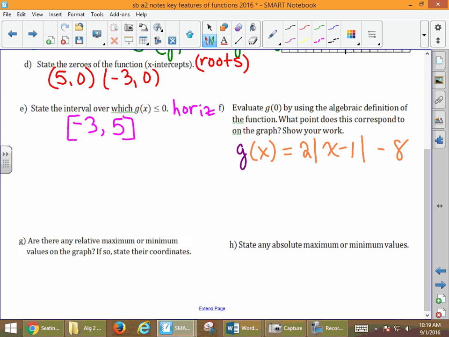So what we're going to do here is figure out, well, what does g of 0 equal? Well, g of 0 means that we're going to take this value of 0 and we're going to put it back into our function wherever we see x.